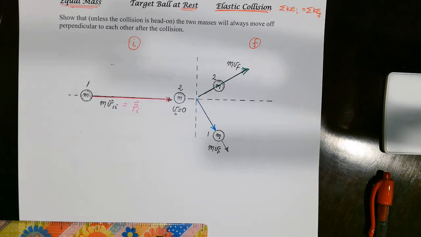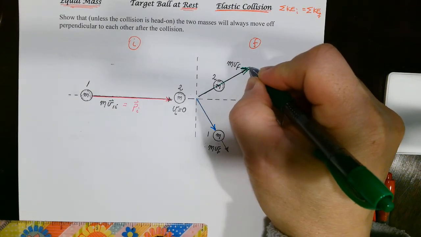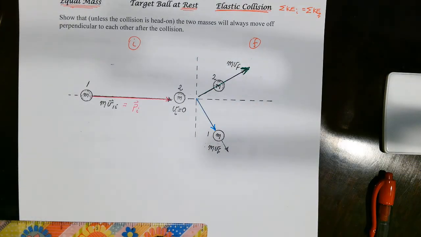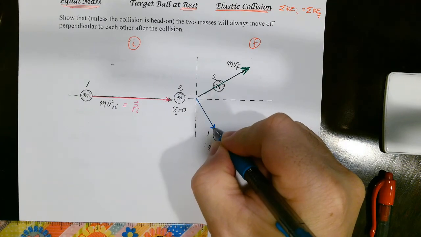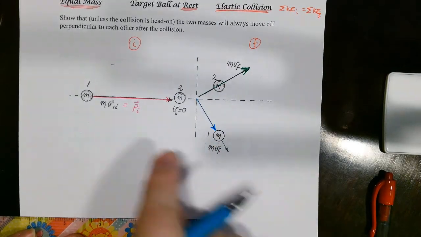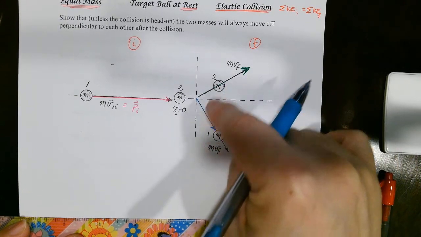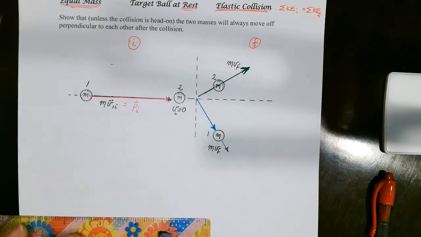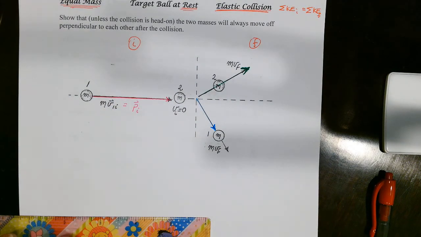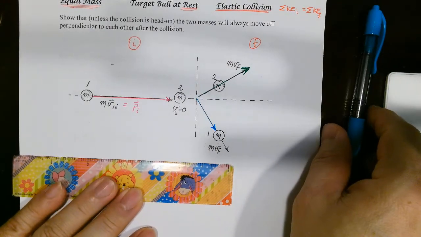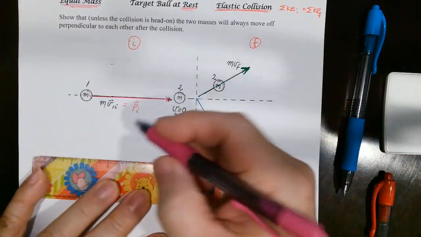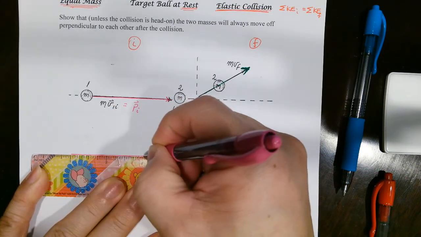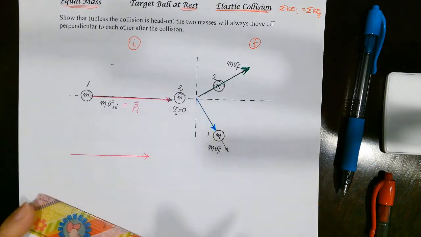If we look at the conservation of momentum for before and after the collision, these two added together should equal exactly this. If I were to redraw this, it's not going to be exact, so I'm just going to do my best to fake it to make it look exact.